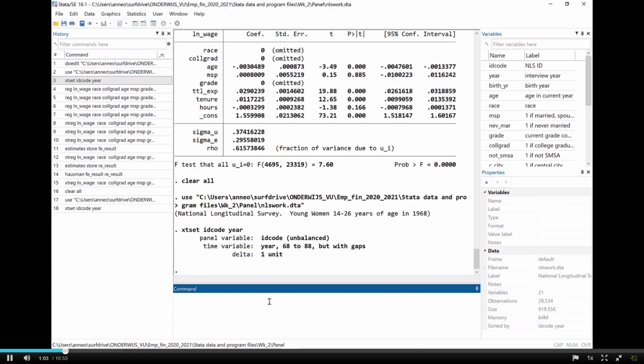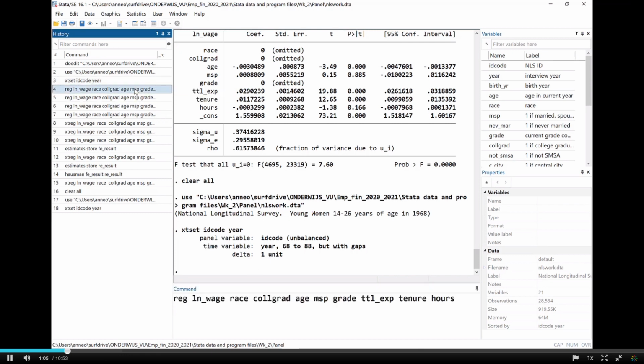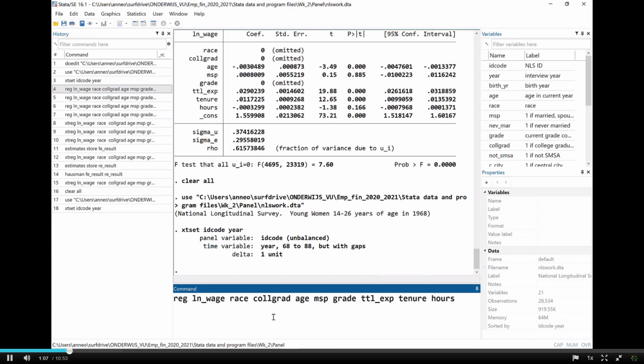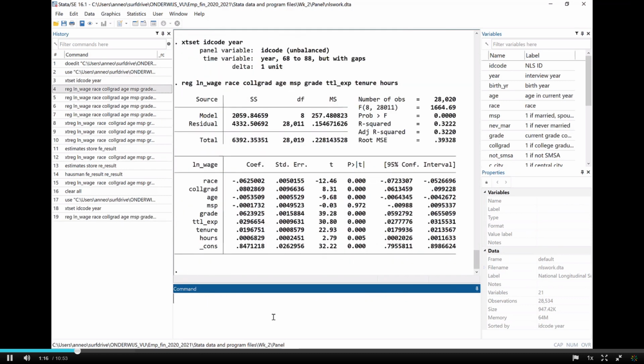So let's first do a very simple pooled regression with race, college grade, age, and so on. These variables were also used in the previous clip. Have a look at the t statistics. You see most of them are significant, which means that in absolute terms they are bigger than 2, so you can reject the null hypothesis that the beta is equal to 0, except for msp.